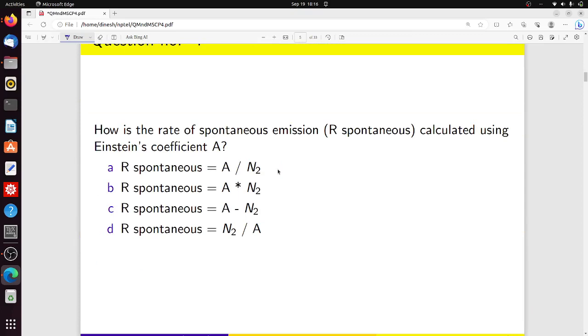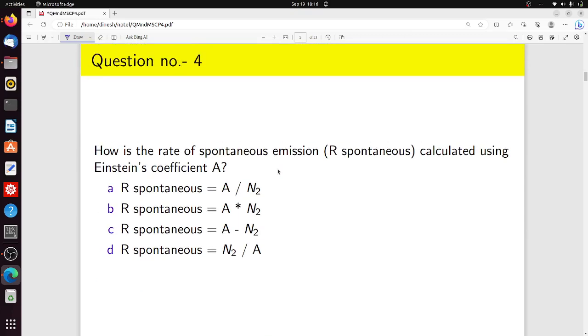Okay, coming to the next question. What is the rate of spontaneous emission calculated using Einstein coefficient A? Any guess?